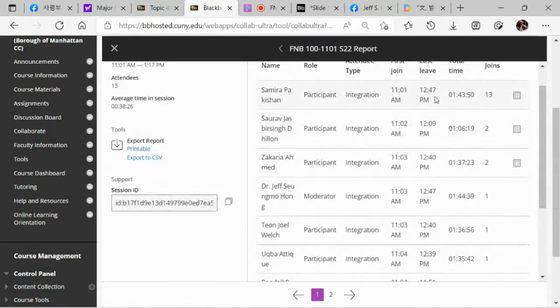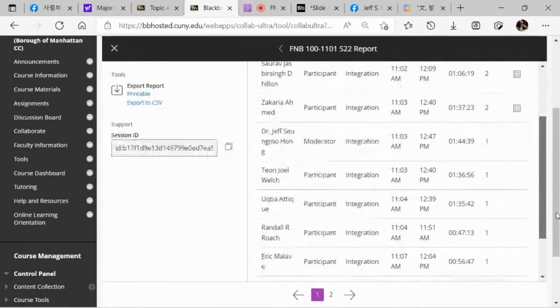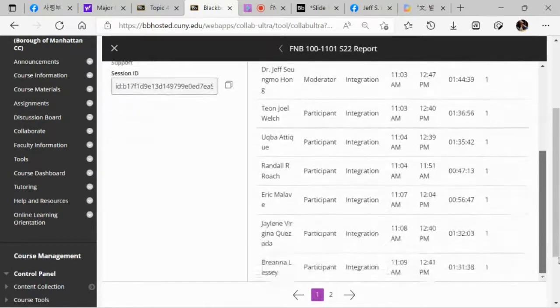So, people who stayed logged in, 1 hour 43 minutes, 1 hour 44 minutes, it's clear that those people stayed there the whole time. But someone like Eric Malave, too bad. This cannot be. And this person, Randall Roach, cannot be recognized as full attendance, right?